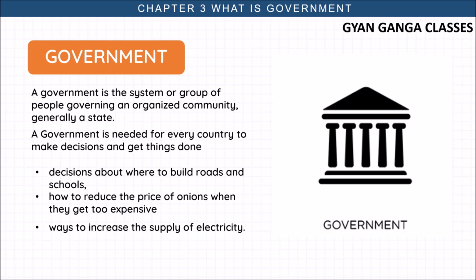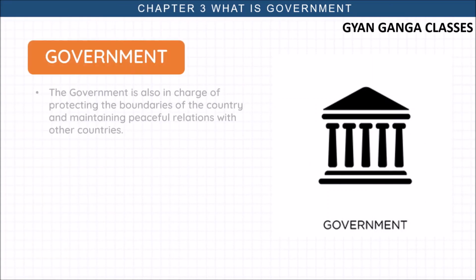They sort out the general problems of the public. They think about ways to increase the supply of electricity and provide better treatment. They take action on social issues. So these are all the functions that a government does for its state, its province, and its country.